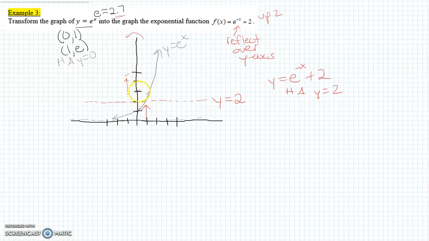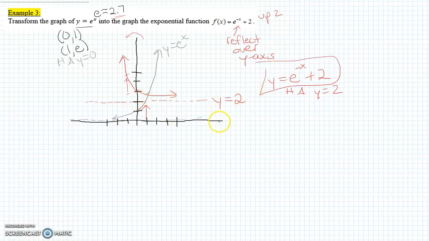Yeah, about up here. Your graph should not cross the horizontal asymptote. These exponential functions are not going to cross the horizontal asymptote. It needs to go through these 2 points, so it's going to be something like this. It's got that same basic shape, except it's reflected horizontally and shifted up 2. So the graph in red would be the graph of this function, y equals e to the negative x plus 2.